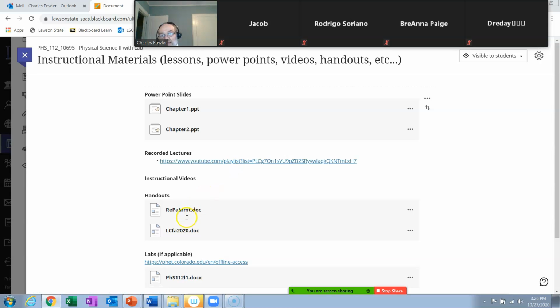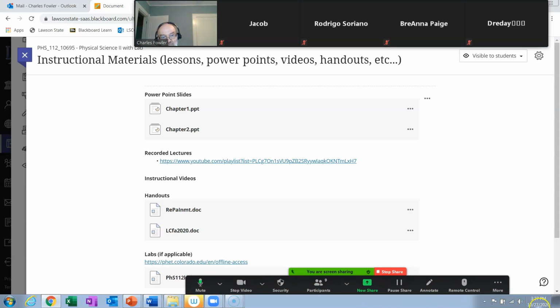Okay. Here are the handouts. This was the research paper instruction. Here is the locator card. And here are the labs. This is where you click to get to the lab simulations. All we're doing are simulated labs now. You click on this one for the simulation. Here is the lab sheet that you fill out based on that simulation.